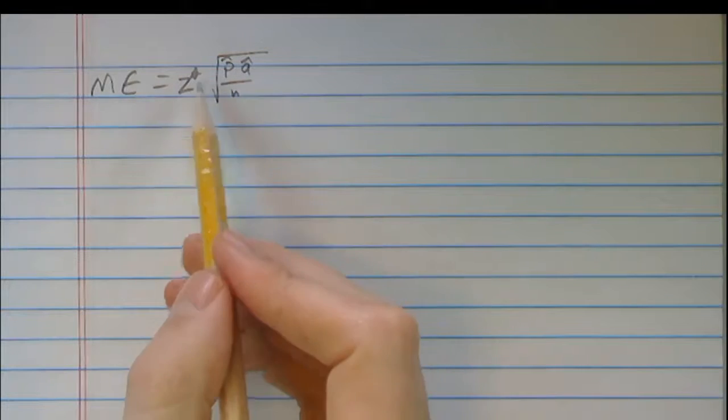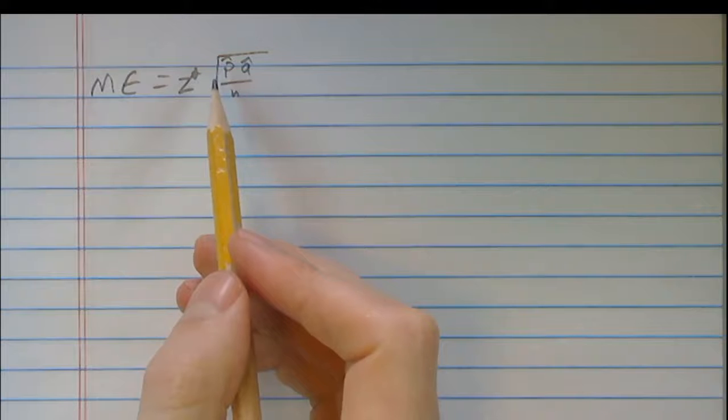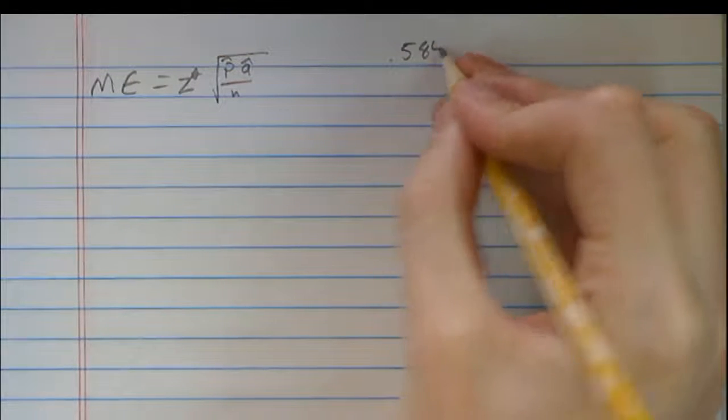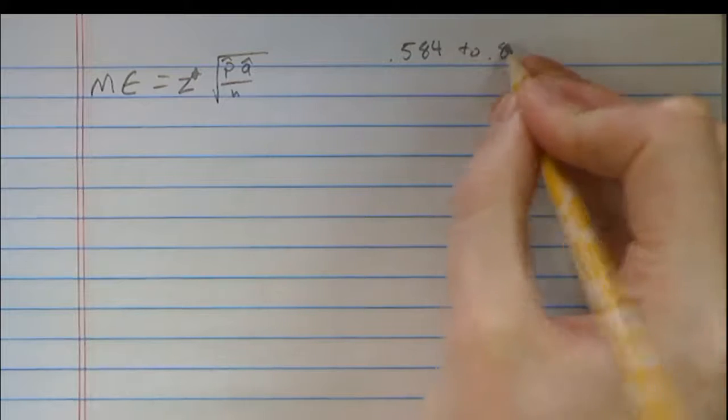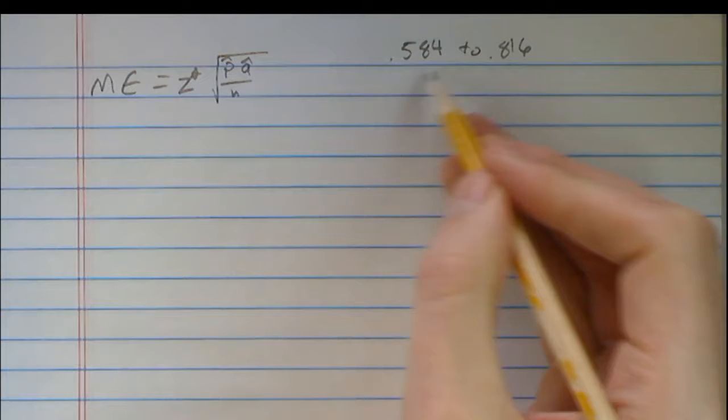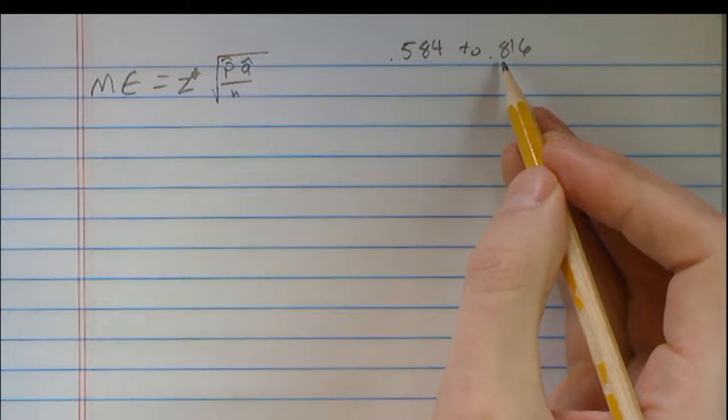The other things, the margin of error and p hat, we're going to have to calculate from the interval that they gave us, which was 0.584 to 0.816. A couple of ways you could do that. You could subtract those and get twice the margin of error and then find what's in the middle. Or you could just find what's in the middle.